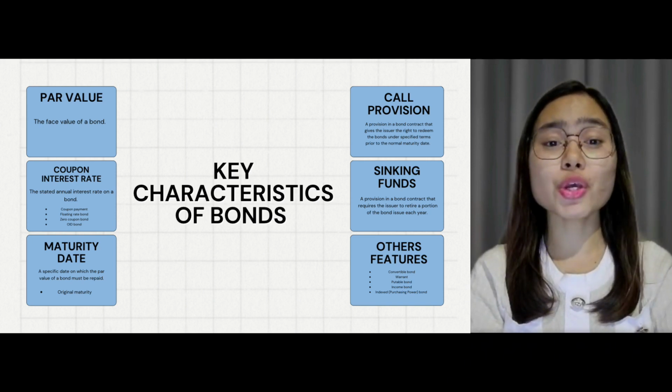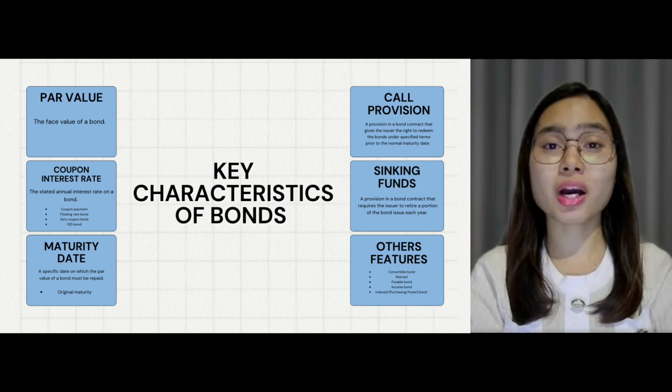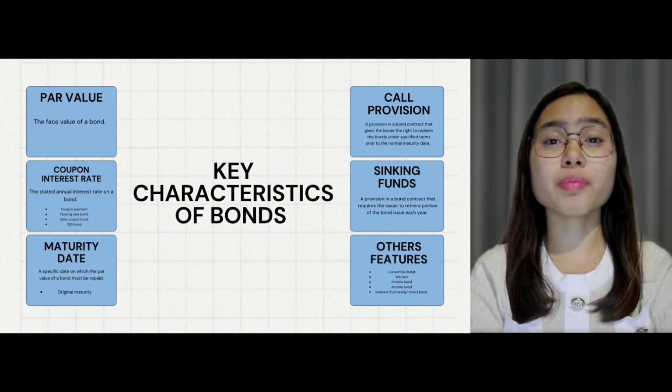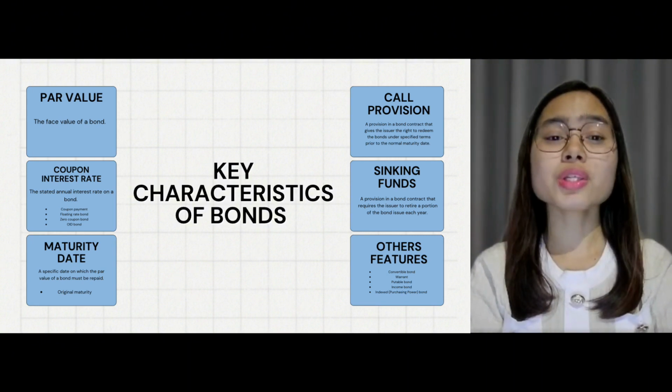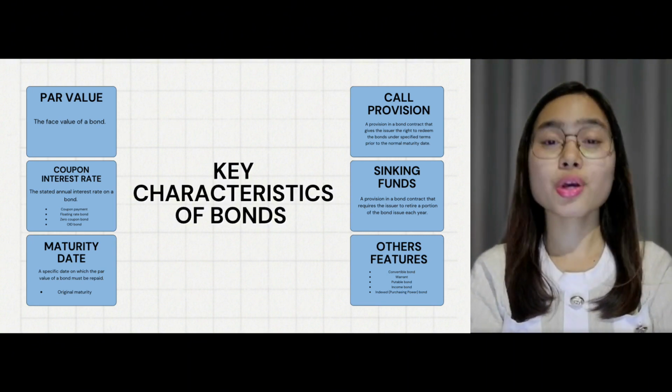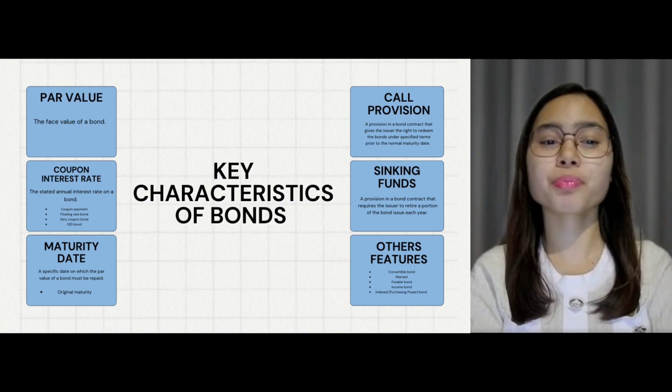So the bond's coupon payment is $100, and its coupon interest rate is 10% because $100 divided by $1,000 equals 10%. Under coupon interest rates, we have first the coupon payment, the specified number of dollars of interest paid each year.